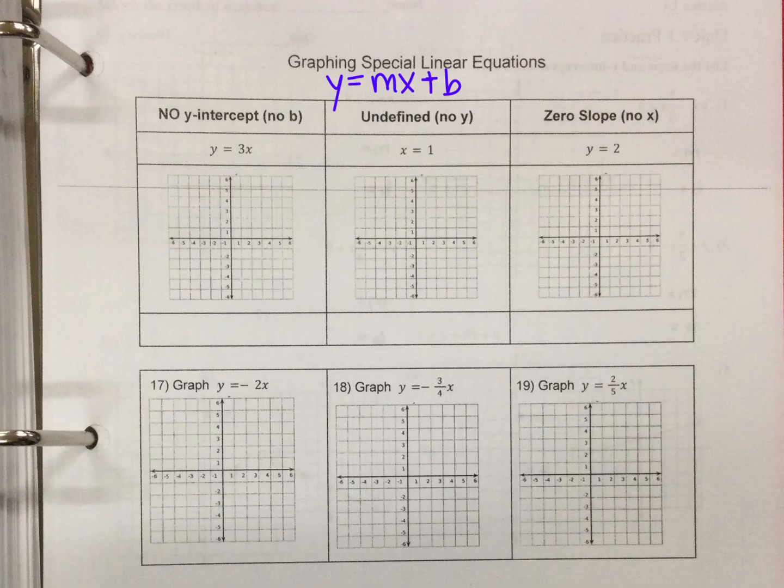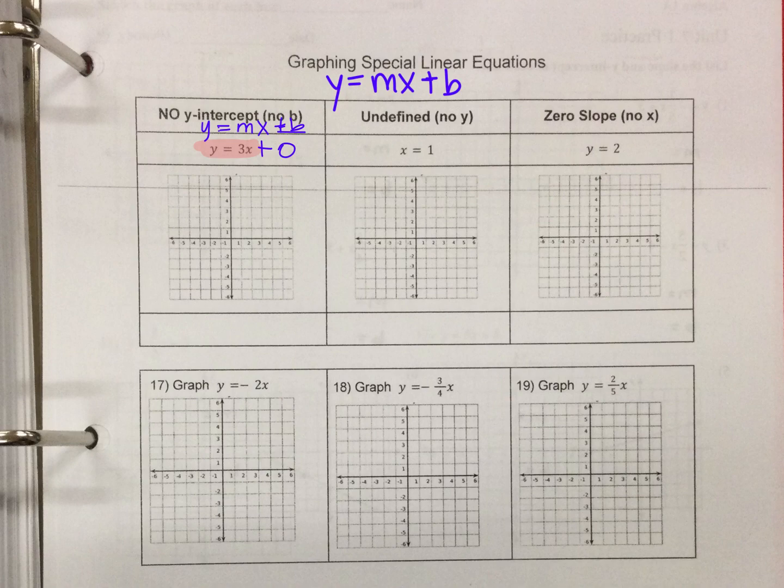On this page, page 3, we're going to look at equations that don't follow the rules. So the first equation we're going to look at is y equals 3x. Well, our equation is always y equals mx plus b, and this is just y equals mx. I'm missing the plus b. When we don't have a b, it tells me that it's 0. There's nothing.